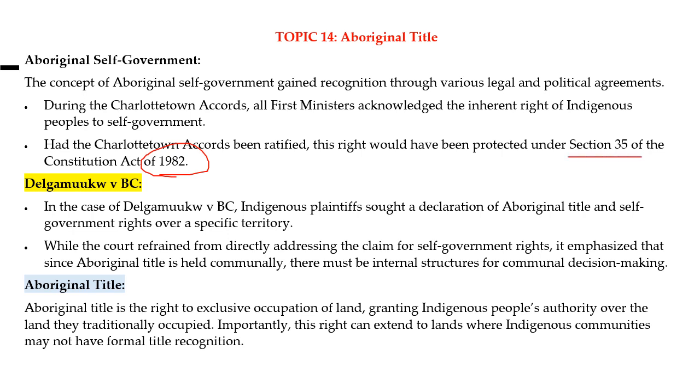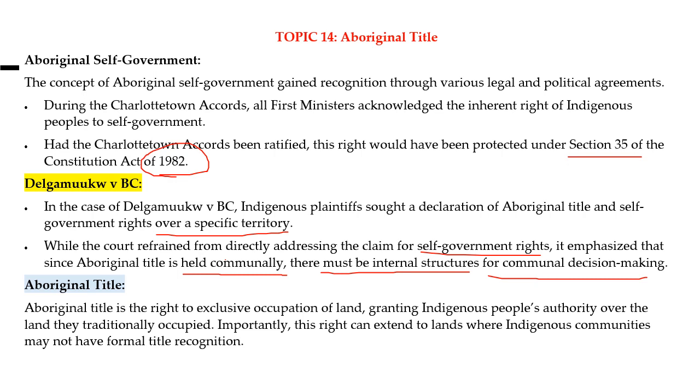Delgamuukw versus British Columbia. In this case, indigenous plaintiffs sought a declaration of aboriginal title and a self-government right over specific territory. While the court refrained from directly addressing the claim of a self-government right, it emphasized that aboriginal title is held communally. So there must be an internal structure for communal decision making; this aboriginal title is nothing individual, it affects a whole community.